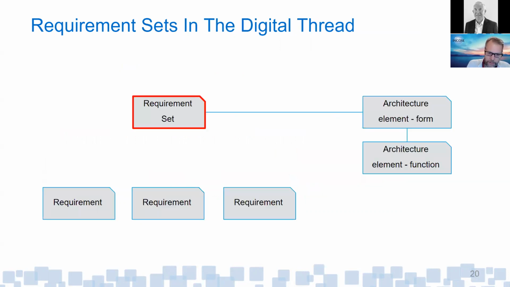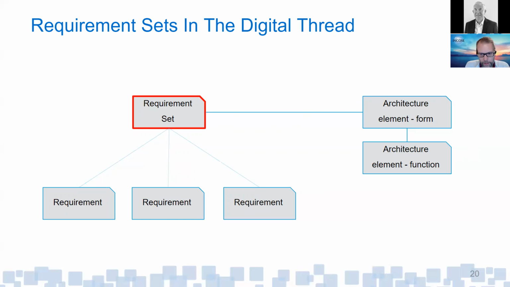So again here, the requirement set in the digital thread is kind of simple. I mean, we have the requirements connecting to the set, and the set itself often connects with form, system requirement sets, with the logical object representing the system in the architecture model and so on.